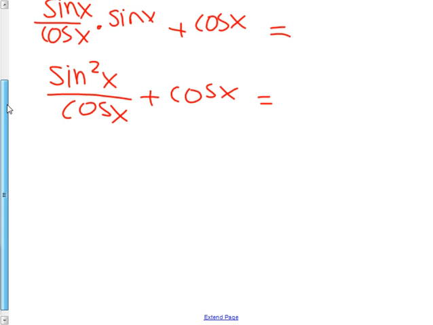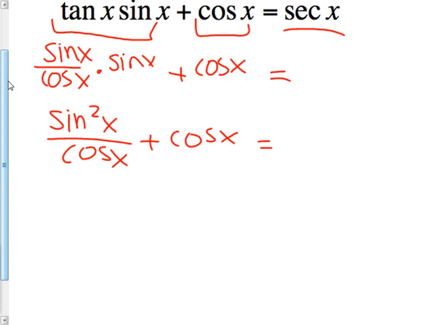I just said that we started with 2 terms because if you have plus or minus, it tells you how many terms. So we have 1 term, 2 terms, and we're left with 1. So with this fraction, we're going to want to find a what?